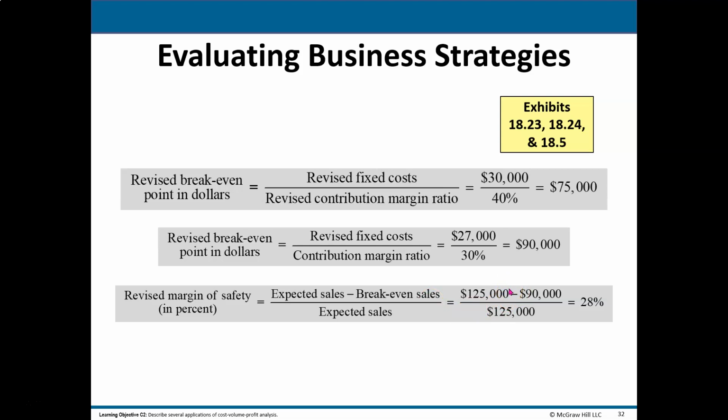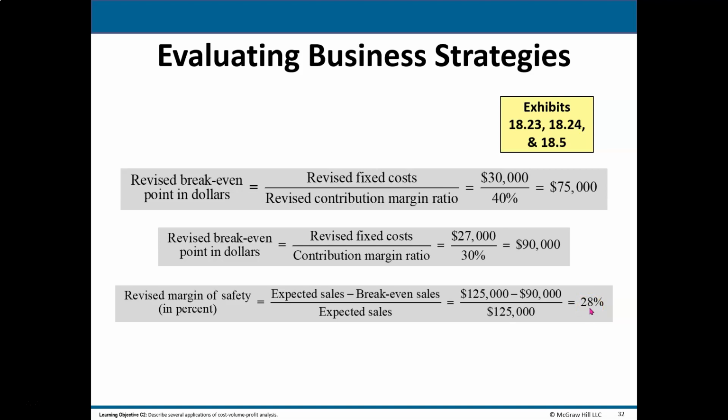My break-even point is $90,000 in sales. So I'm going to take the $35,000 difference, divide that by my expected sales, and that gives me a revised margin of safety of 28%.